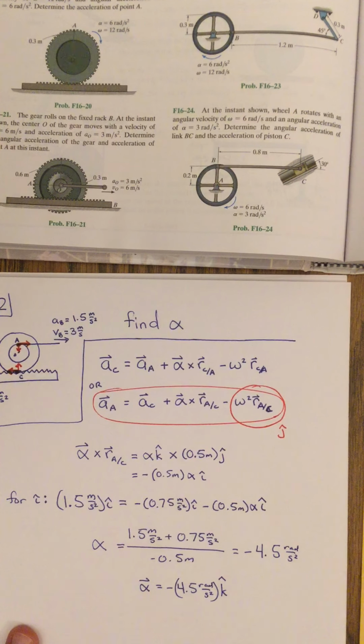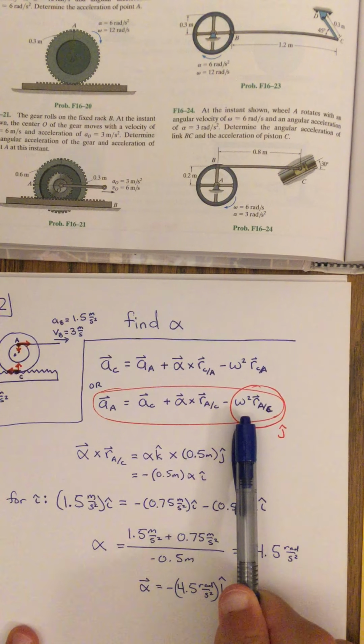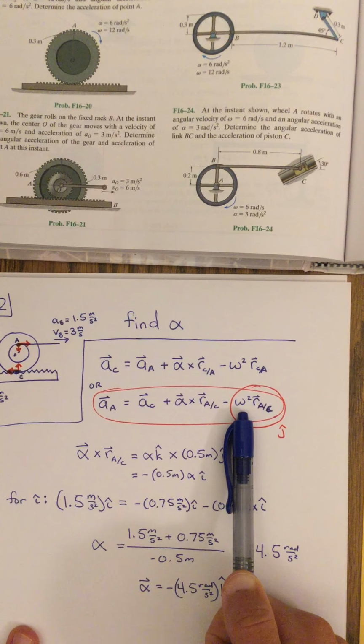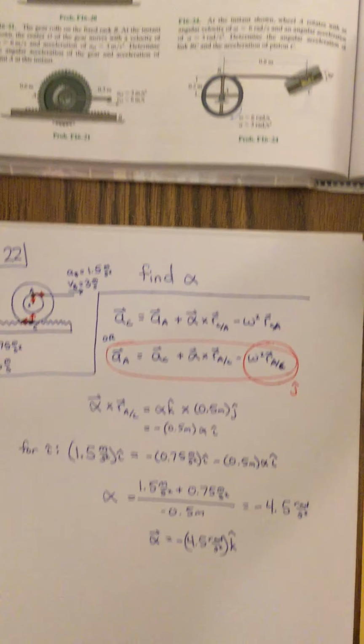which is all that I was asked to do. Now, if I didn't realize ahead of time that I only have to be concerned with the i hat components, then I would have been looking at this term here. We can find the angular speed in this case, so let's do it just for fun.